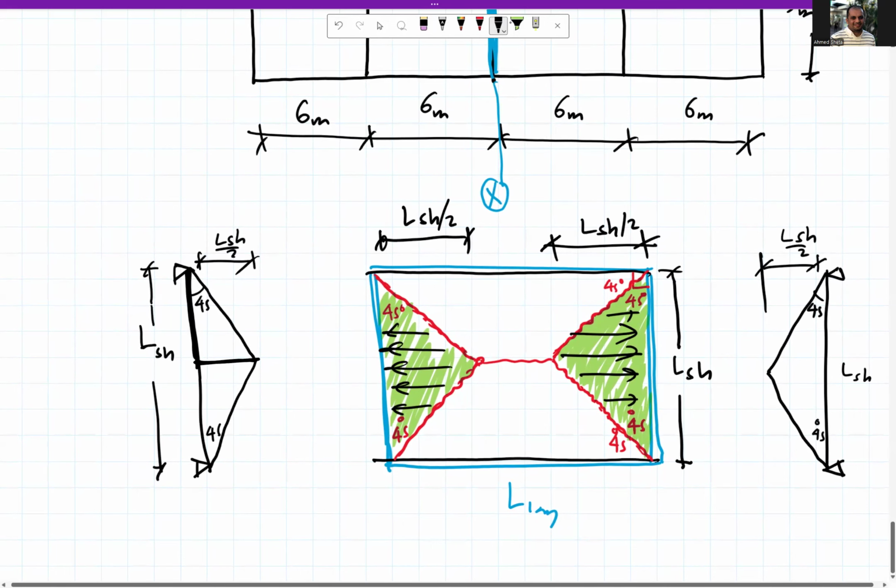So this is L short over 2 to make this angle 45 degree.